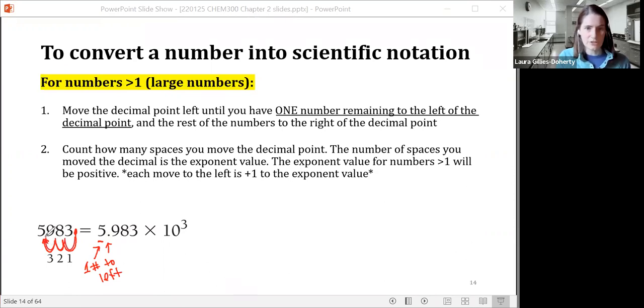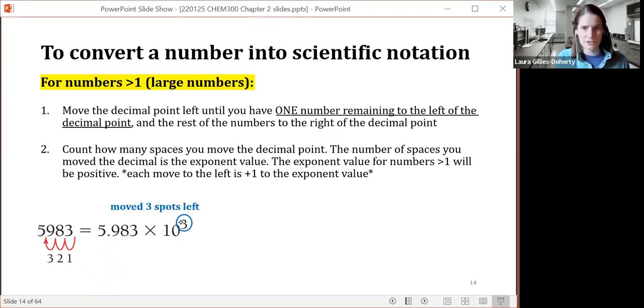We had to move it 3 spots, and that means our exponent is 3. Move 3 spots left, so it's times 10, always base 10, to the third. Each spot you move to the left is adding 1 to the exponent.